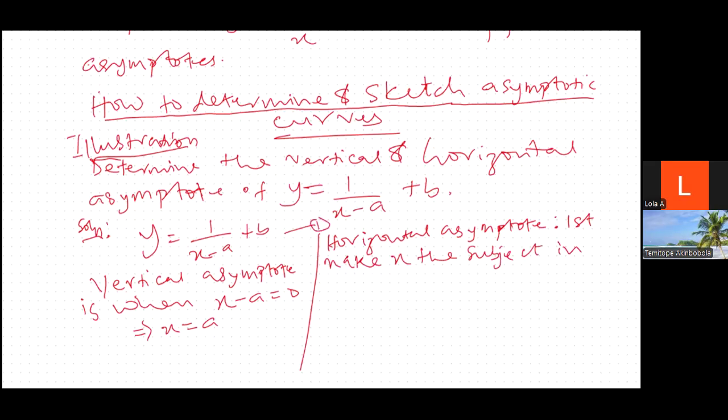So how do we make x the subject there? So y equals 1 over x minus a, plus b, will now become 1 over x minus a equals y minus b. Do you agree with that? You take this b to the other side, it becomes y minus b. Am I communicating?